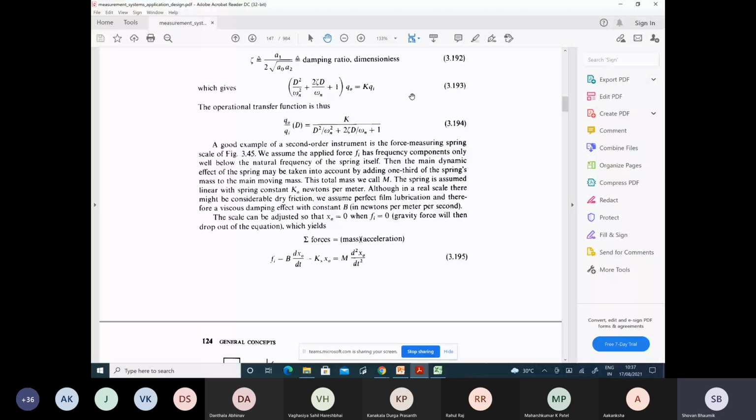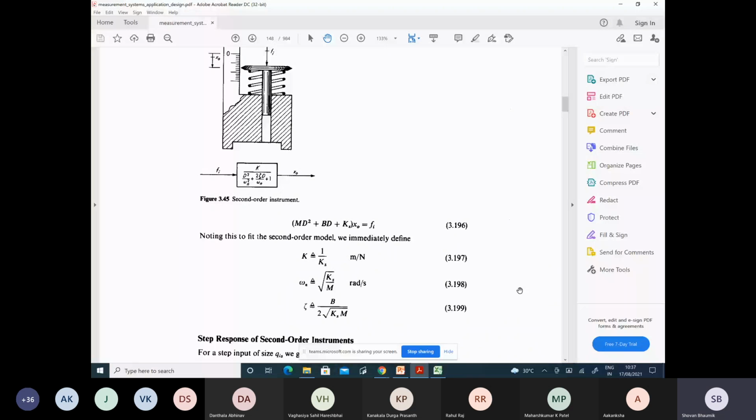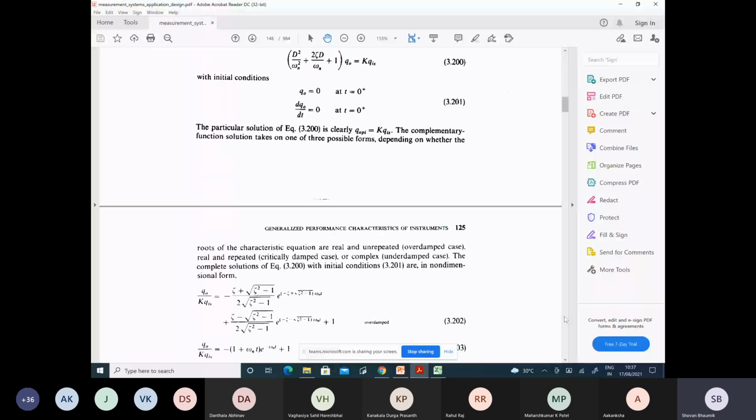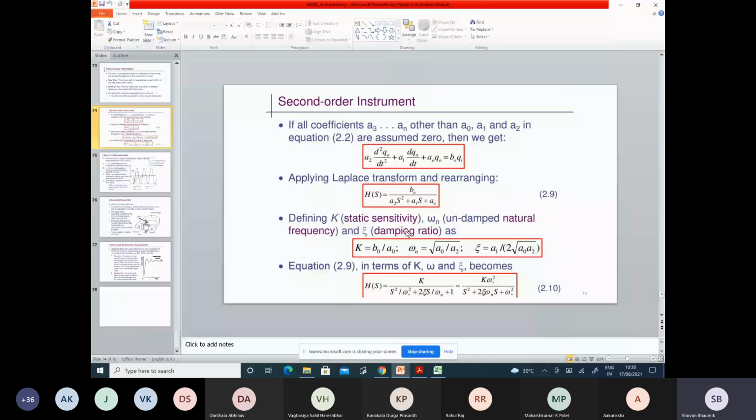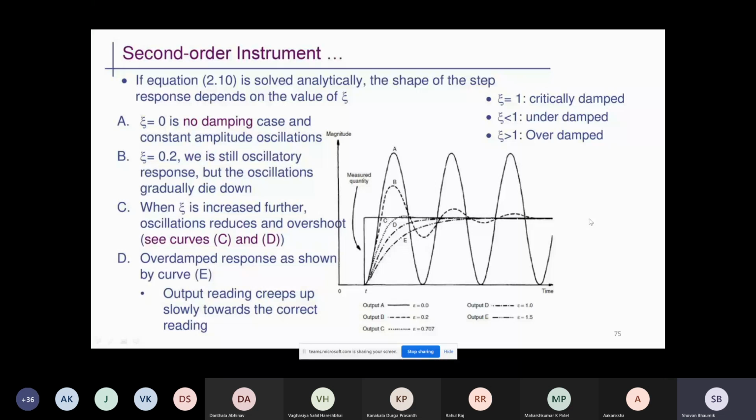You see, they are giving the example of a second order instrument. Then the step response. Yes, this is the figure, from the graph, so the same figure is plotted here. If you see the second order instrument, there may be conditions based on zeta, with different types of output response.